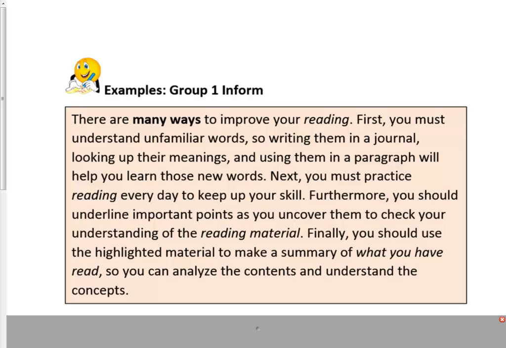Okay, so the first thing that we're going to look for in here, as I mentioned before, is our topic, which is reading, of course, and our main idea. Once you understand that, it will help you understand the tone that you're looking at. Now, basically, the tone in here is very objective.